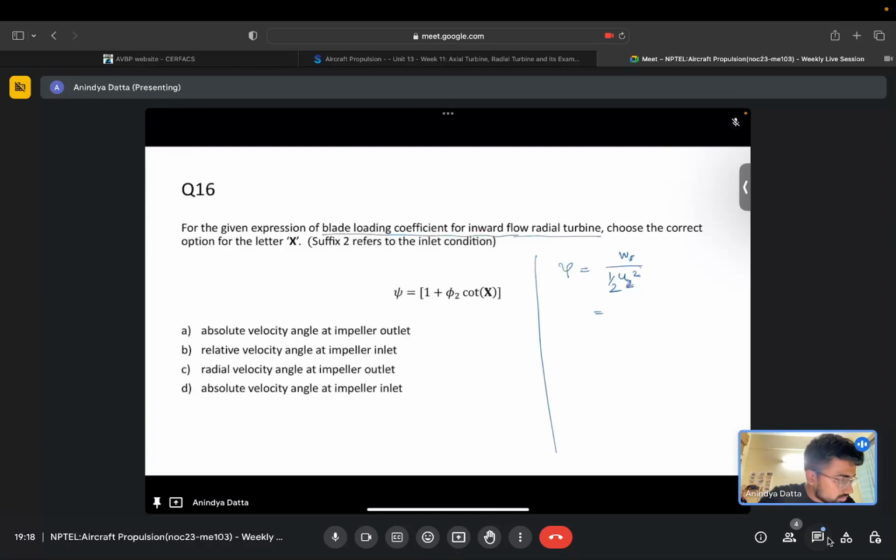Okay, all right, so let's check this. In the lectures the professor used just u2 square, so let me check whether there is a difference. Just give me a minute.